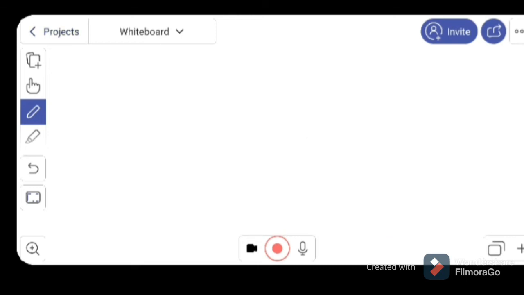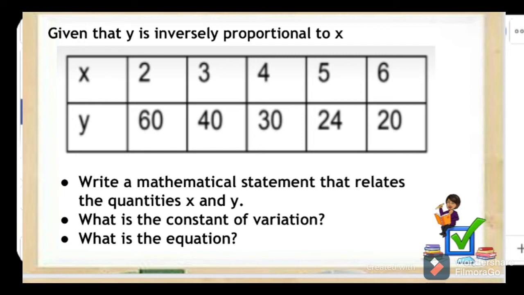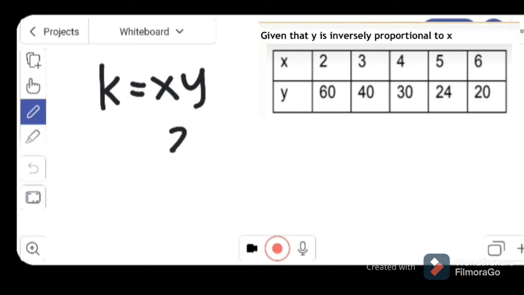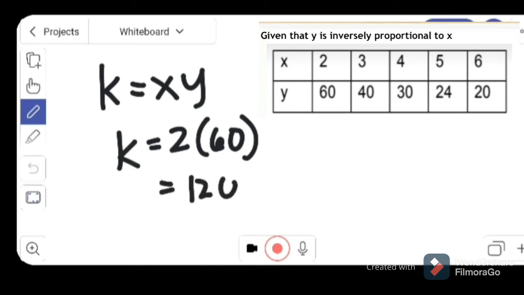For our next example, y is inversely proportional to x given the table. Observe values of x increasing, values of y decreasing. Then, let's find the constant of variation. k is equal to the product of x and y. So, what is 2 times 60? Your answer is 120. So, the constant of variation is 120.